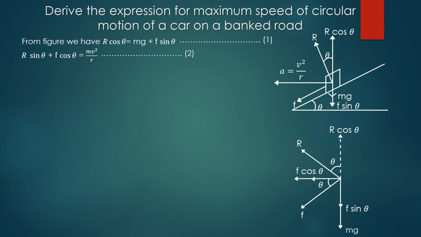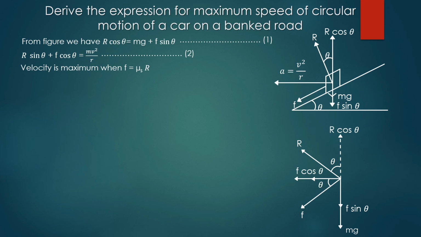Centripetal force is provided by the horizontal components of F and R in the figure, where F is the force of static friction. As we know, the velocity is maximum when the limiting friction, that is F, is equal to mu s R, as you already know about the limiting friction.